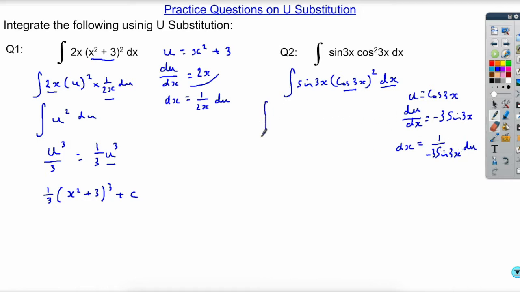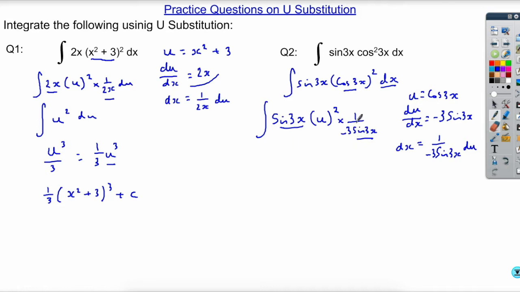So if I do that, keeping it within the integral, I end up with sin 3x. Cos 3x I'm replacing with u, so that's u squared, and my dx was 1 over minus 3 sin 3x. Now we can see that the sin 3x multiplied by the 1 over sin 3x is going to cancel out to leave me with 1.